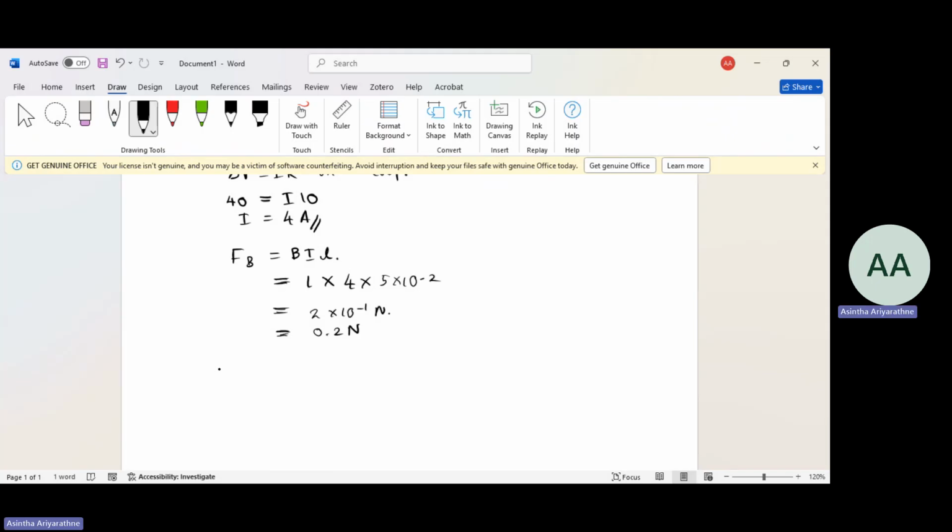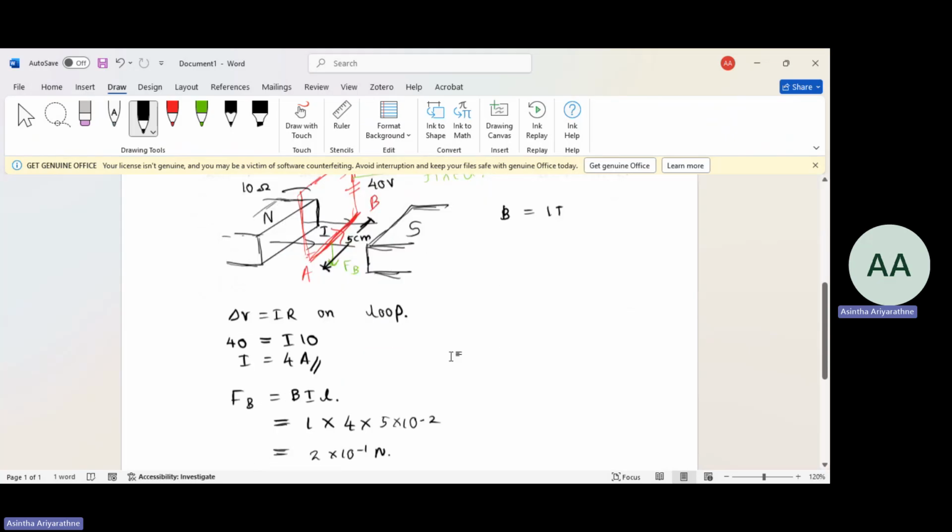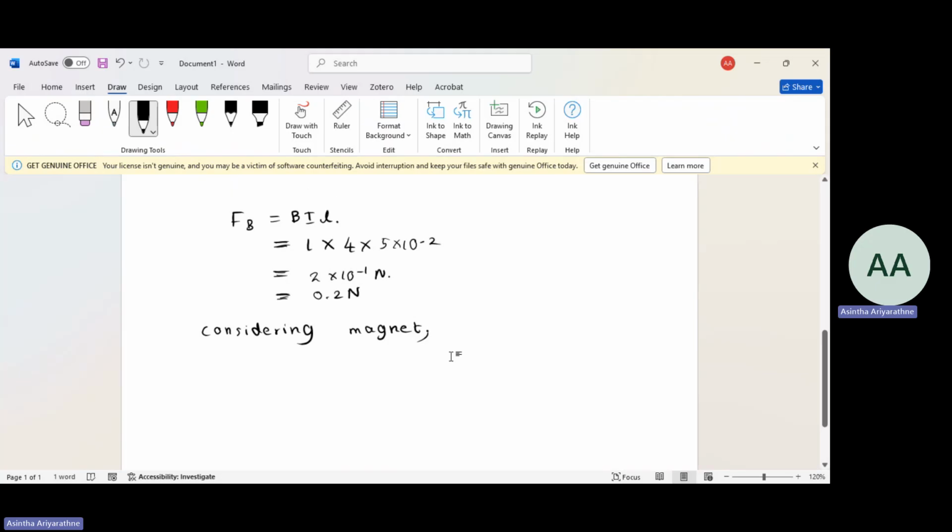Then, using F equals mg, considering the magnet now. They're asking what would happen to the reading of the electronic balance.